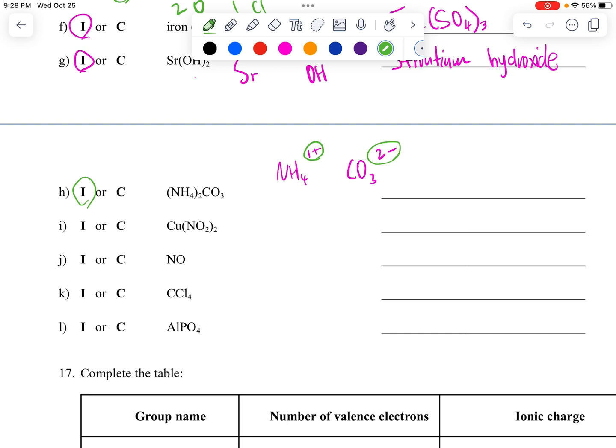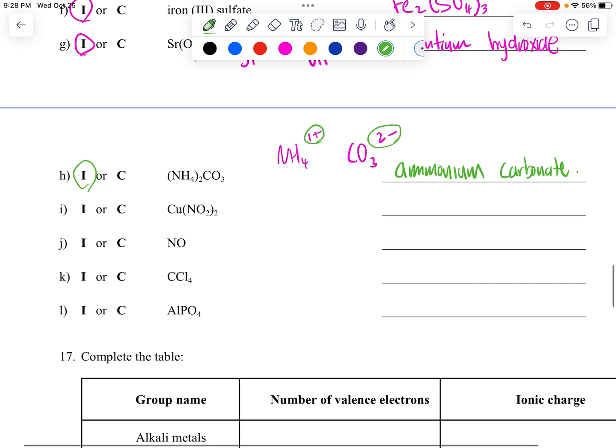If it's an ionic compound, the left thing is not a metal, it's actually a cation. You leave the name just as is. So I'm going to write down ammonium. Now carbonate is also a polyatomic, and you just leave the polyatomic alone, don't change it. Carbonate. Okay, done. That's all we have to do.